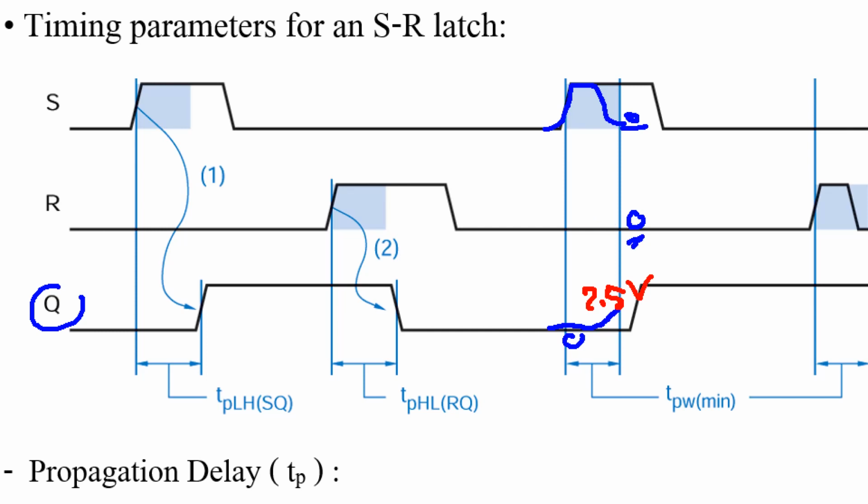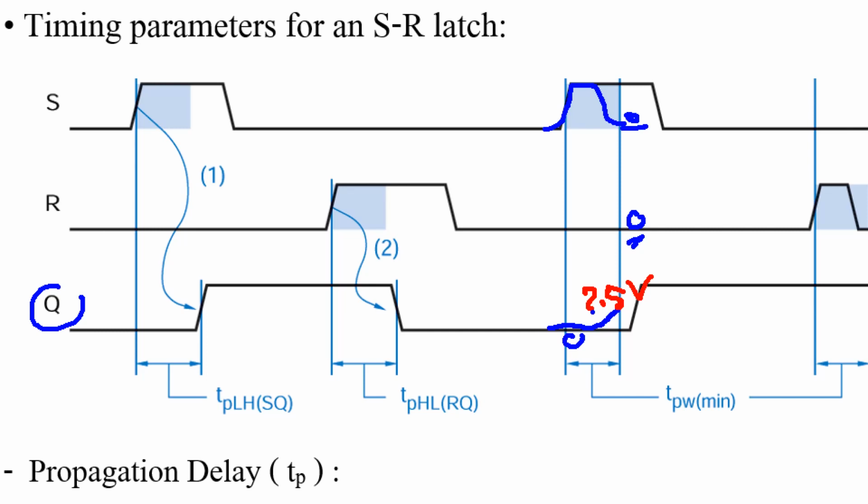Now S is 0. So if Q is exactly 2.5, the circuit will become metastable, right? Metastable. After that, it will be unpredictable. Or if it's not exactly 2.5, you don't know, right?